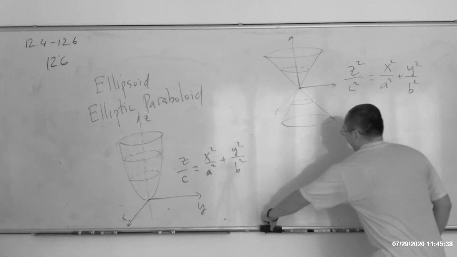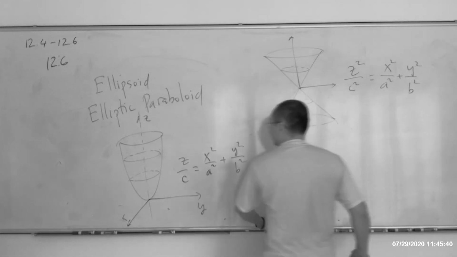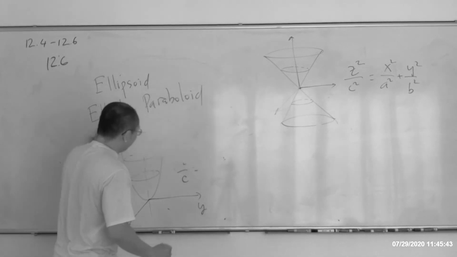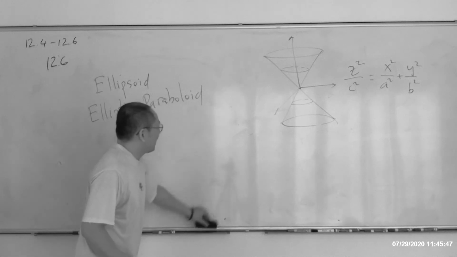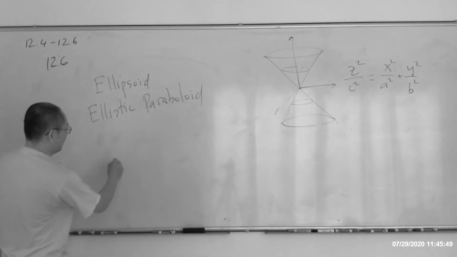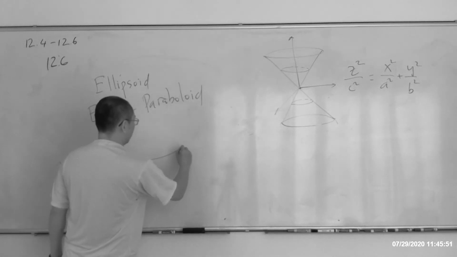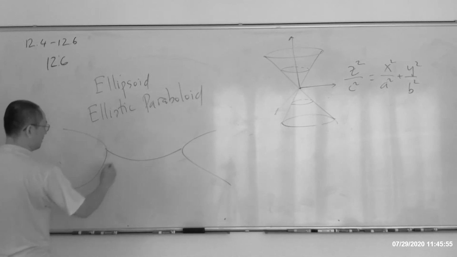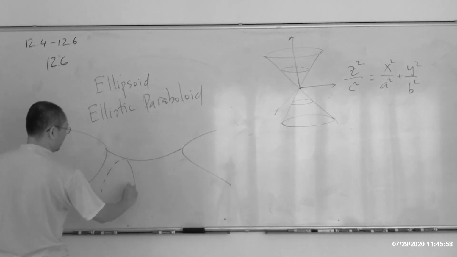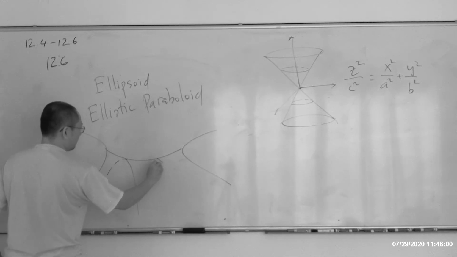So it's like a saddle. See why I asked you to take a look at the pictures in the book, because they have computers that draw it much better than I do. Hopefully that makes sense to you.